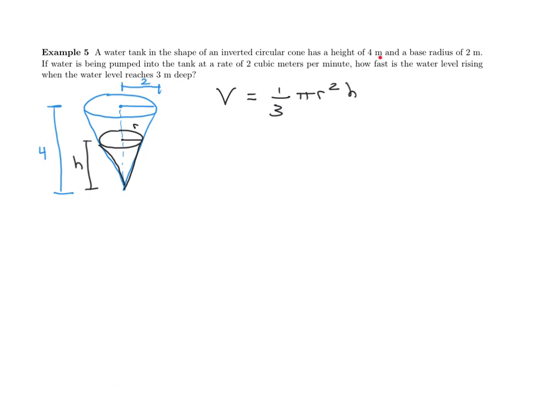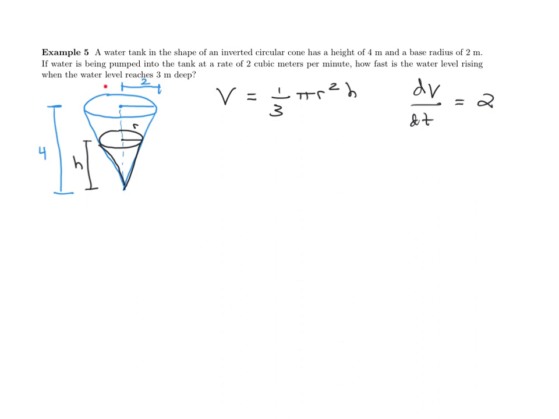So I already have used the 4 meters and the 2 meters for the entire tank itself. But it also says that we have water being pumped into the tank at a rate of 2 cubic meters per minute. So what is that? That's a rate, and that is a derivative. Well, I think that's going to be dV/dt. So dV/dt is equal to 2 cubic meters per minute.